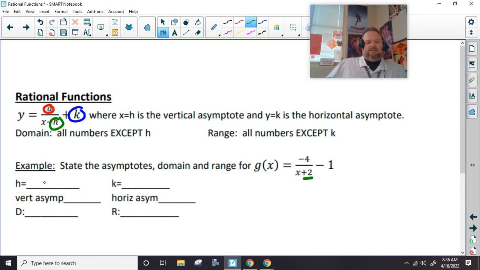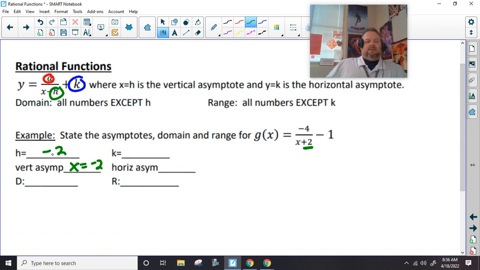So this is -2. Our vertical asymptote is x equals -2, and our domain is x not equal to -2. I'll try to graph this shortly or give you an idea of what's going on.